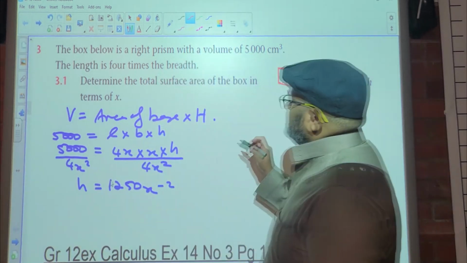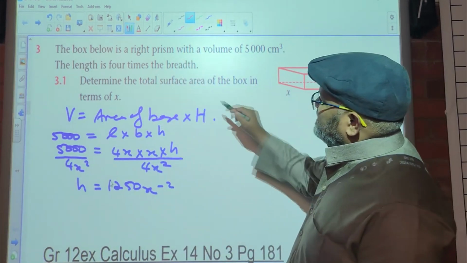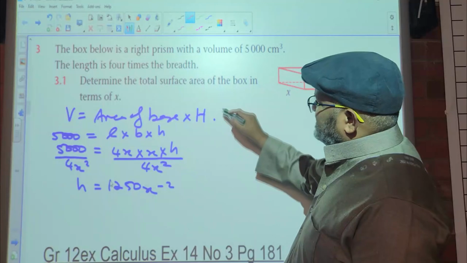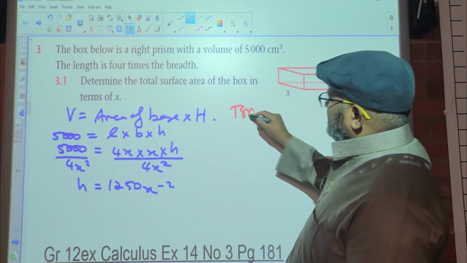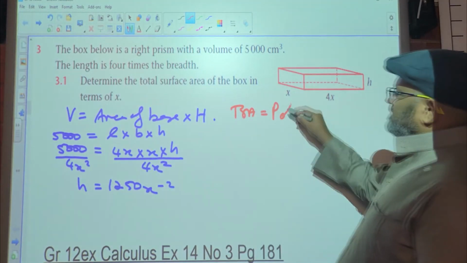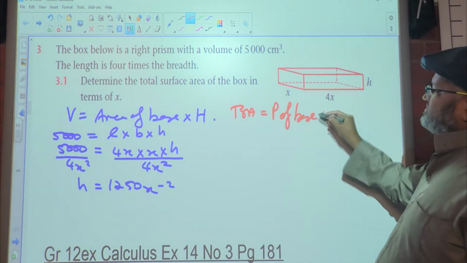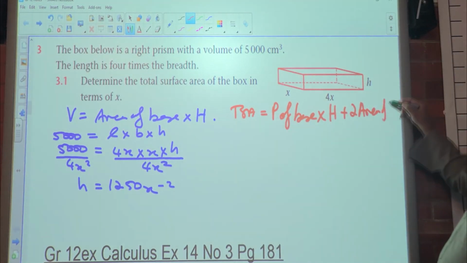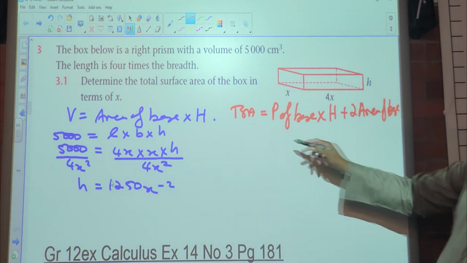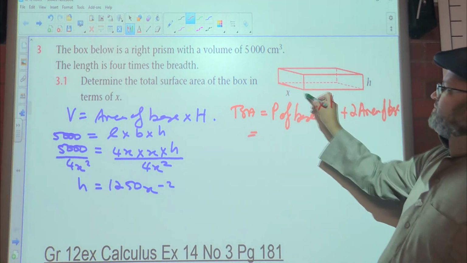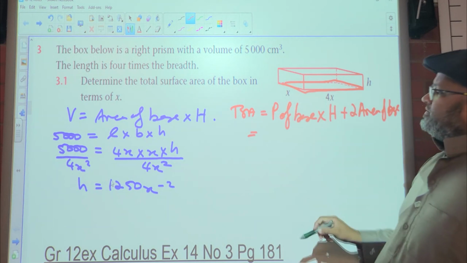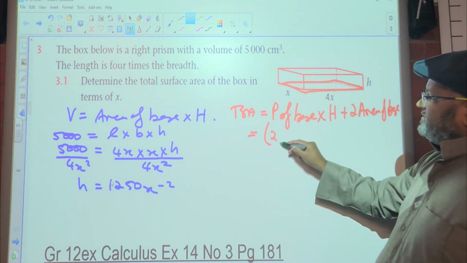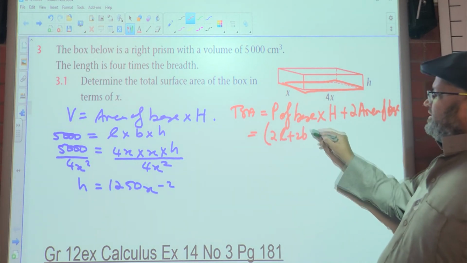On the other hand, the question says determine the total surface area of the box in terms of x. So the total surface area is going to be perimeter of base times height plus twice the area of base. So how do you calculate the perimeter of a rectangle? It's going to be 2 length plus 2 breadth, times height.